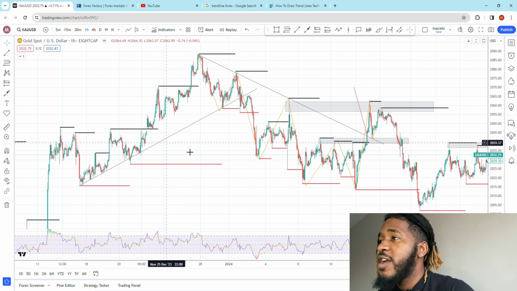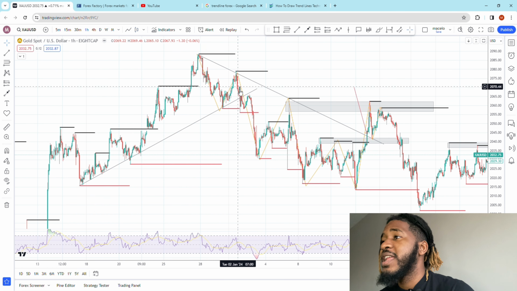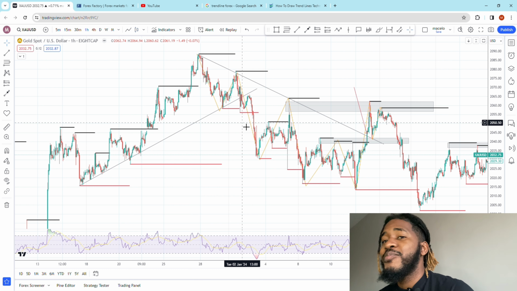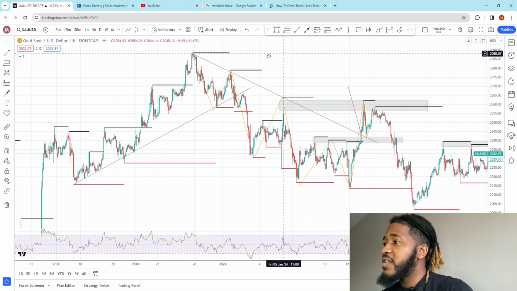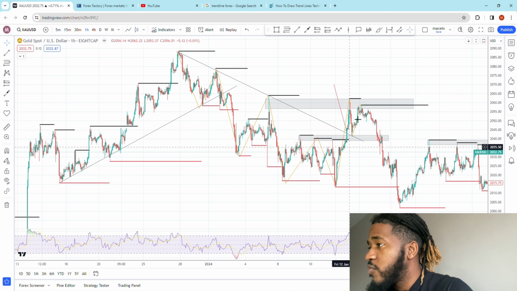Now, just because a trend line has been broken doesn't mean my uptrend has been violated. It means it's a possibility that it can move in the opposite direction.